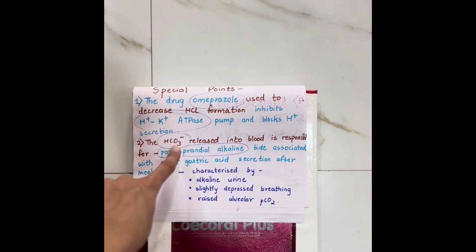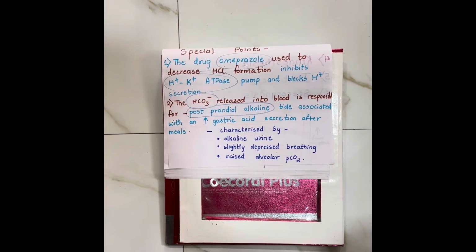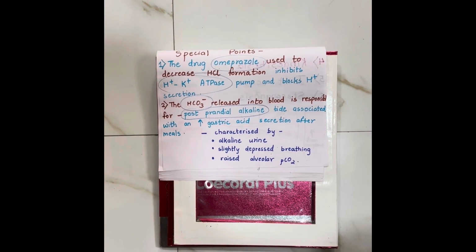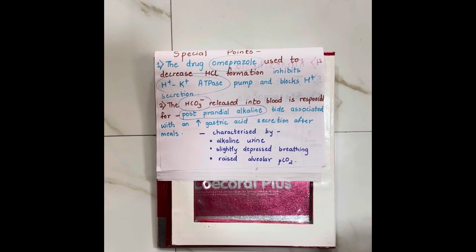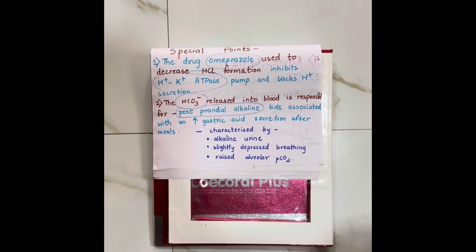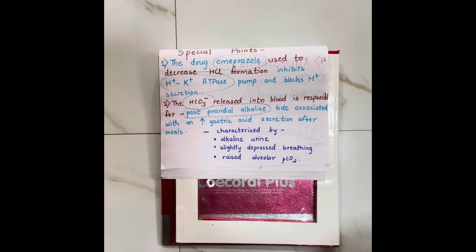Second point is bicarbonate released into the blood is responsible for postprandial alkaline tide associated with increased gastric acid secretion, which is after meals, and this tide is characterized by alkaline urine, slightly depressed breathing, and raised alveolar PCO2.